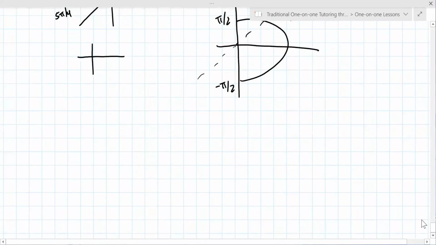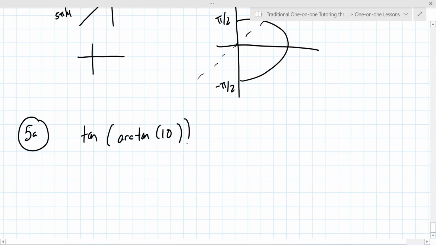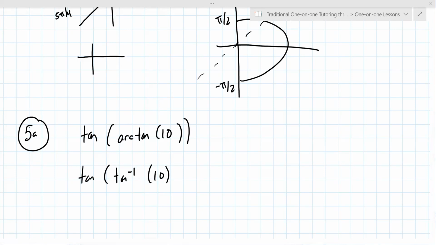Okay, 5a. You have the tangent of the arctangent of 10, which is tangent of tangent inverse of 10. So there are properties, and this is one of them. I'm going to snip this in.